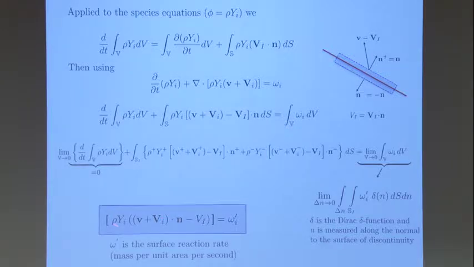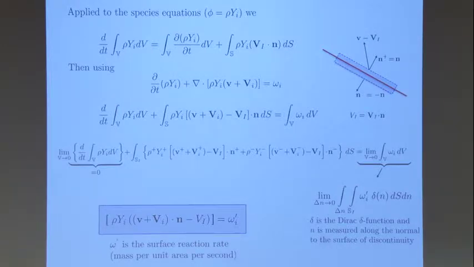And so the left-hand side is very similar to what I had in the previous relation. The right-hand side, however, has the mass production or consumption of species i. Well, it depends if there is reaction on the surface or not. If there is no reaction, then clearly that term is 0 and we are done.